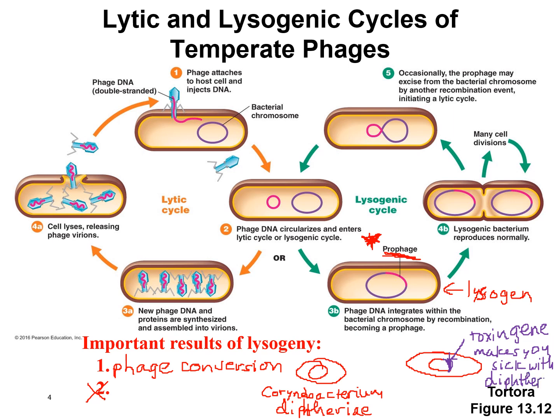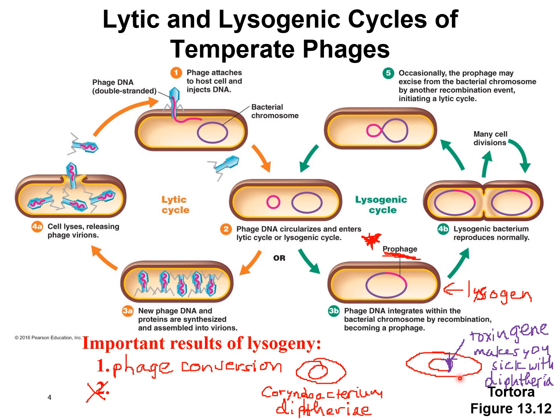So the bacteria by itself will not make you sick with diphtheria. The only way that Corynebacterium diphtheriae can make you sick is if the bacterium has been infected with a temperate bacteriophage, and this phage actually contains a toxin gene which causes diphtheria.